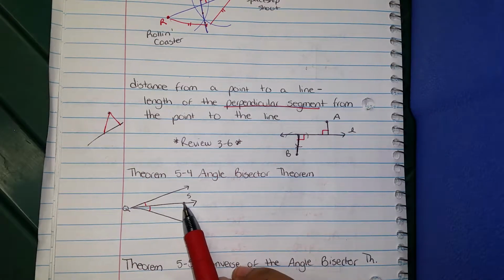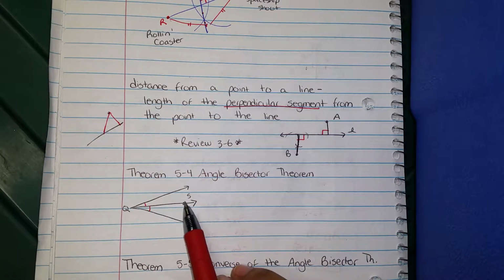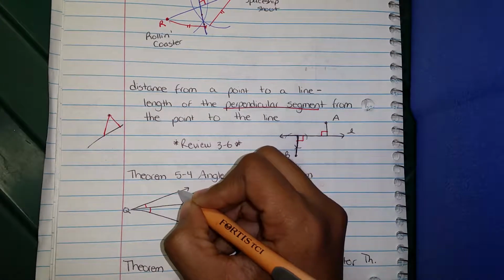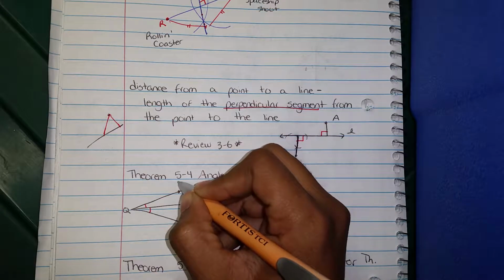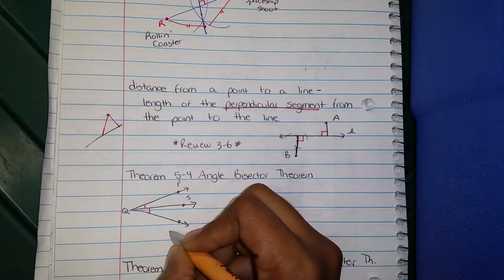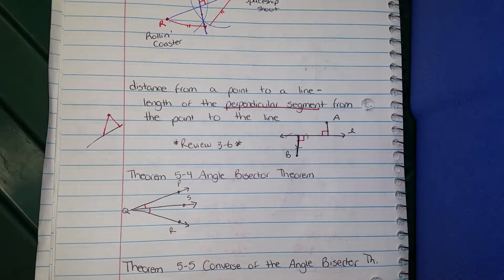So this point right here, because it's on the angle bisector, I know that it is equidistant to the sides of the angle. So let's say we have angle P. I know this is a really bad drawing. It's not really done to scale because these angles don't look the same.